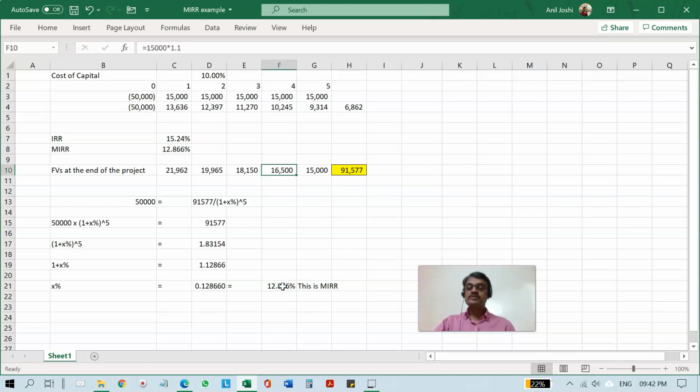So as you will notice, modified internal rate of return is conservative estimate of the returns as compared to IRR, because here you are assuming that this 15,000 will give you the returns at 10% only, not at 15.24%, which is what the assumption was in IRR. So that is why this is a kind of realistic estimate of the returns, and that is why this is more relied upon whenever you are doing the project evaluation.